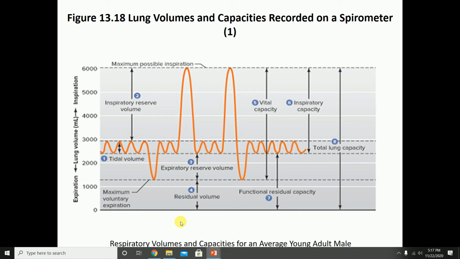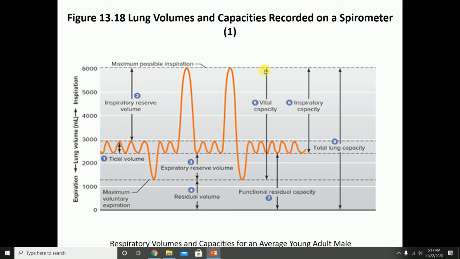So again, the spirometer can measure the tidal volume, inspiratory reserve, and expiratory reserve volumes, but not the residual volume. Now for these capacities, you'll find that capacities are made out of two or more volumes added up together. So the vital capacity is equal to the inspiratory reserve plus the tidal volume plus the expiratory reserve volume.